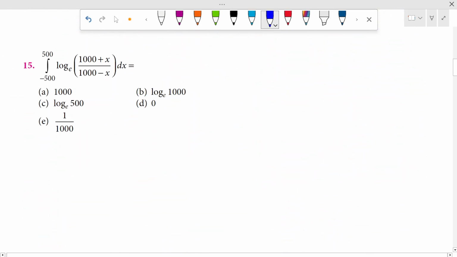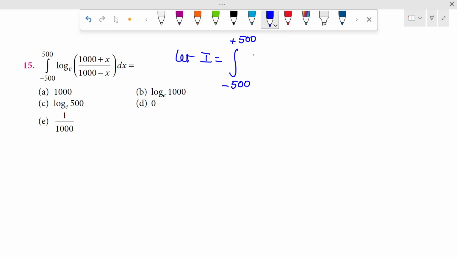Okay, let us look at our next question. Let I be the integration from minus 500 to plus 500 of log((1000 plus x) by (1000 minus x)) dx.